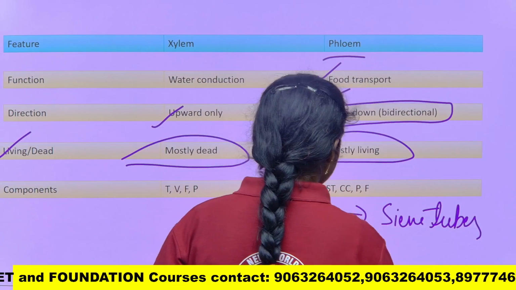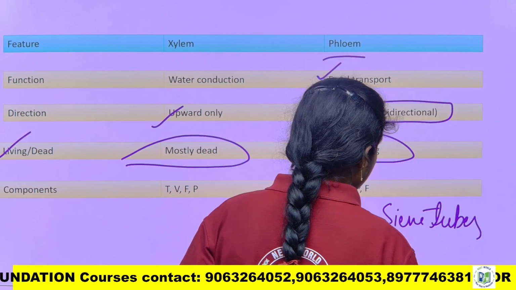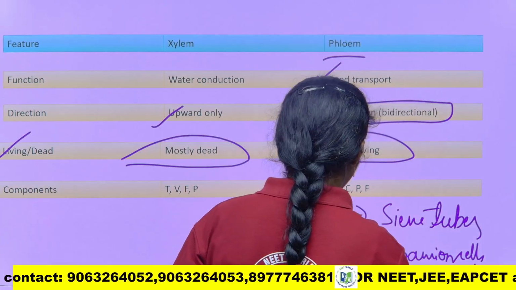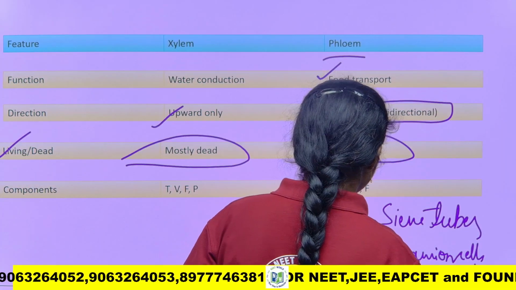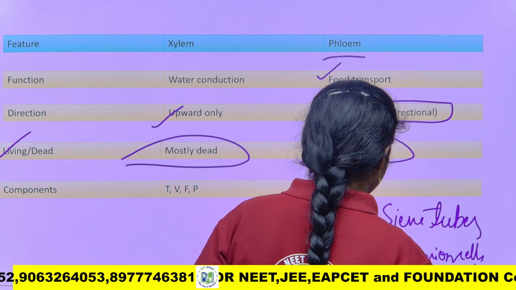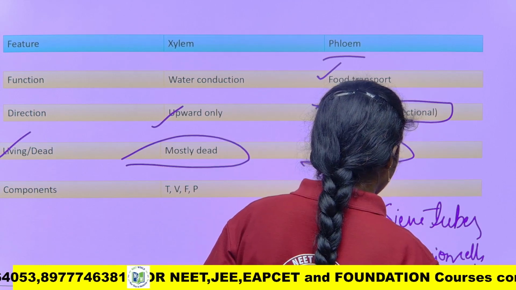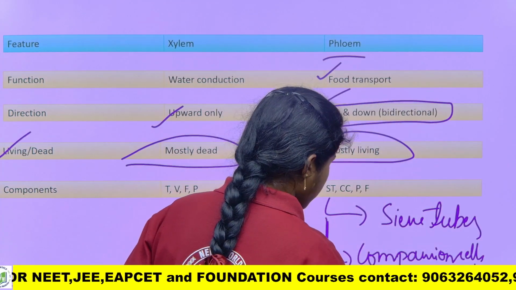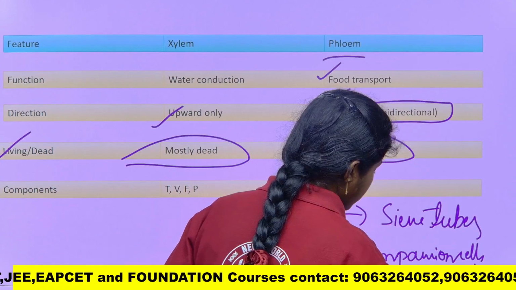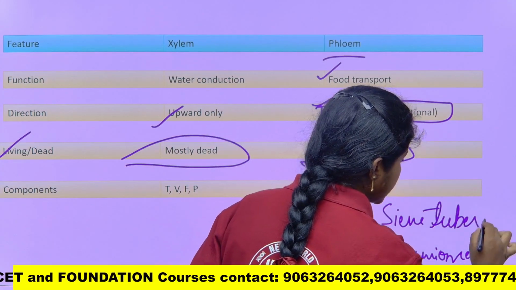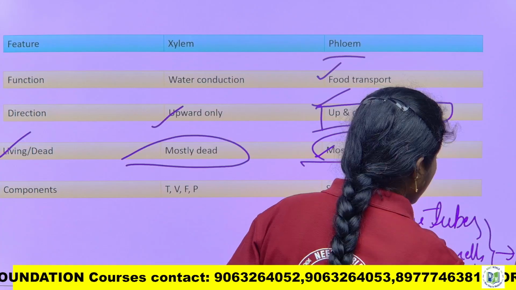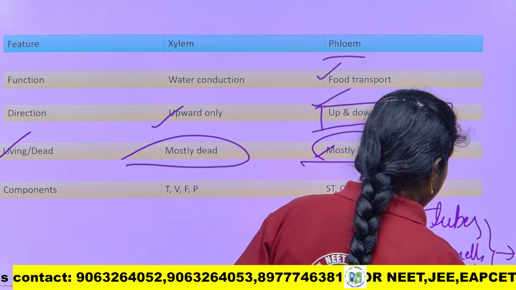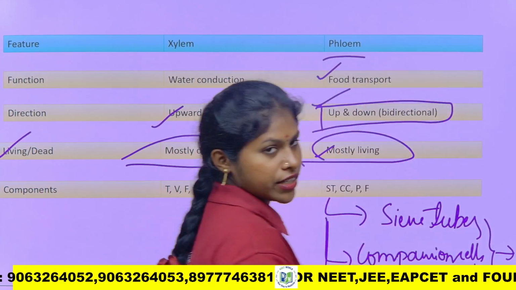They are sieve tubes, companion cells, phloem parenchyma and phloem fibers, right. The 3 are living tissues and phloem fibers are dead tissue. So that is why it is considered a mostly living tissue, right.